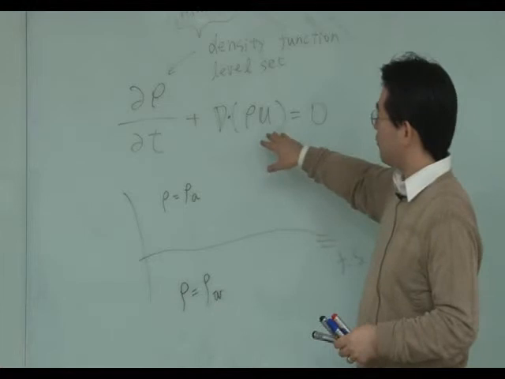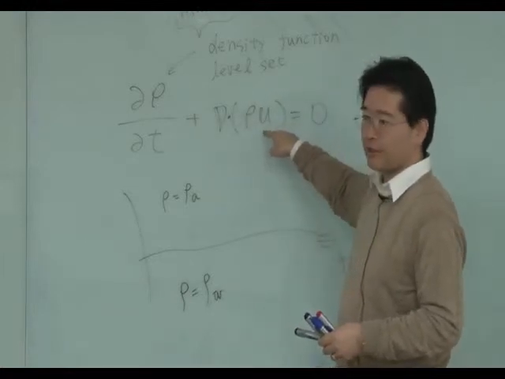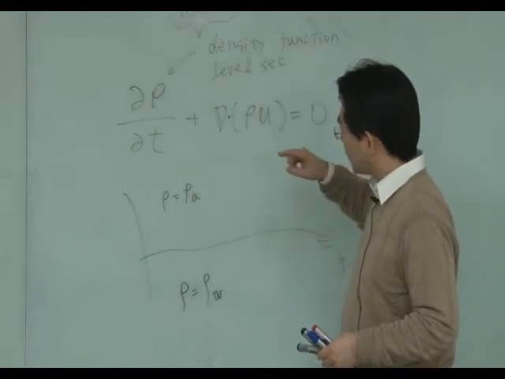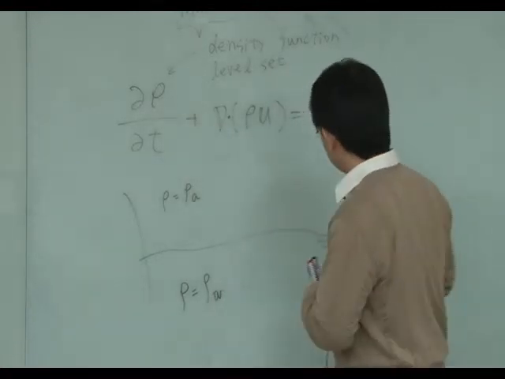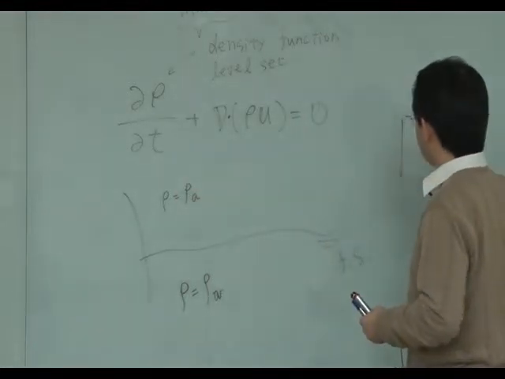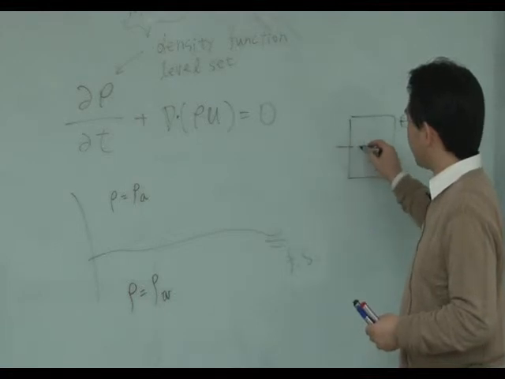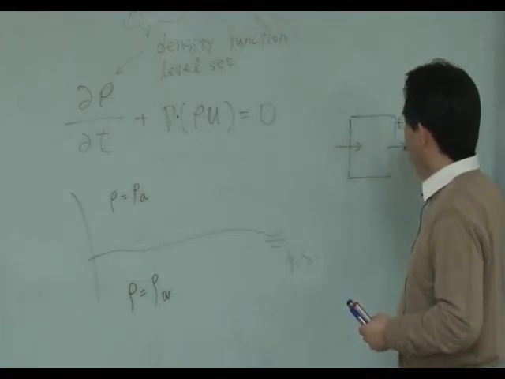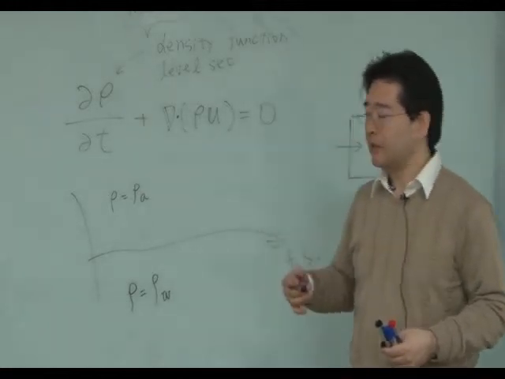If it is constant, this part is zero, since in the FVM manner, going in and going out is always the same.